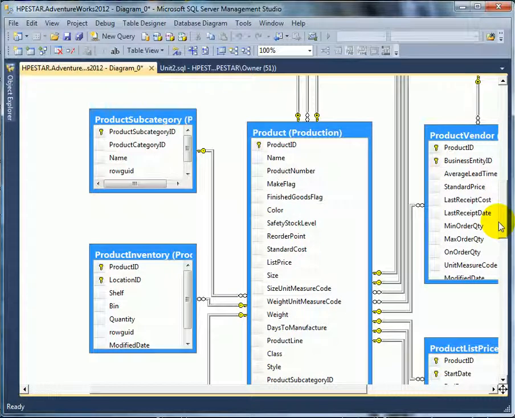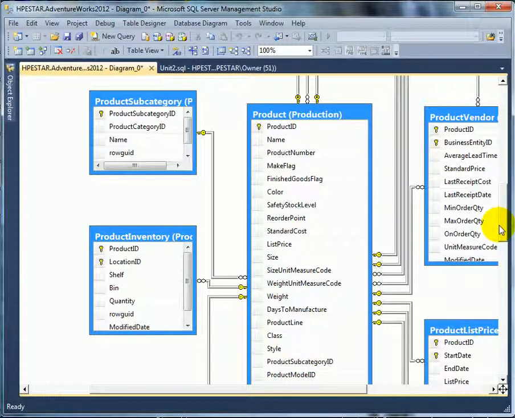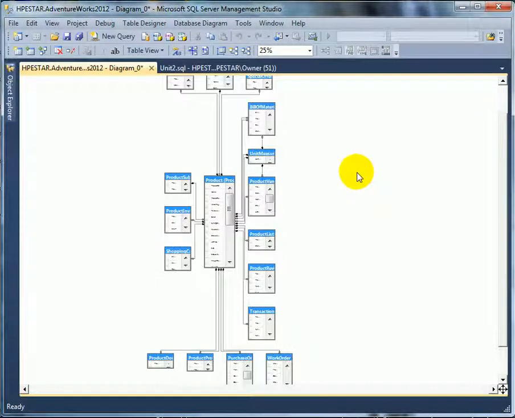This is the product table, and we see all the tables which have a primary key foreign key relationship defined to the product table.